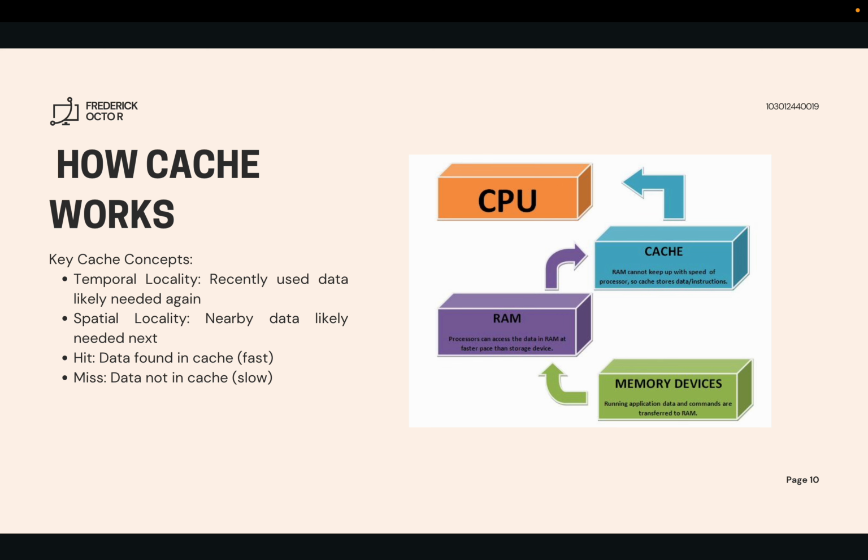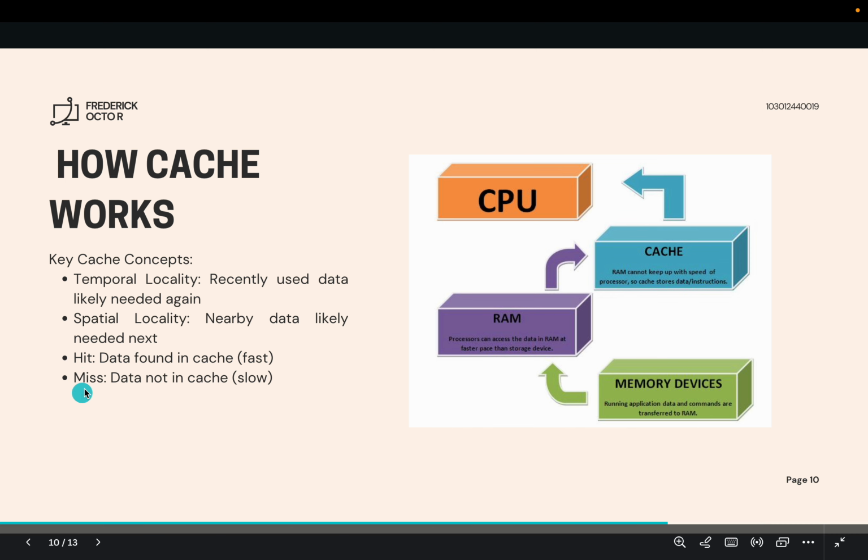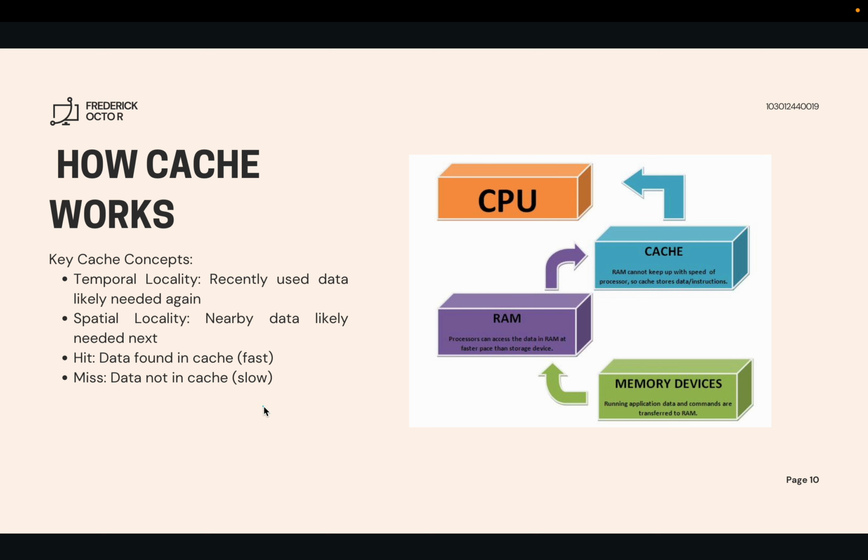When the CPU requests data, it first checks the cache. A hit means the data was found, while a miss means it must be retrieved from slower memory.